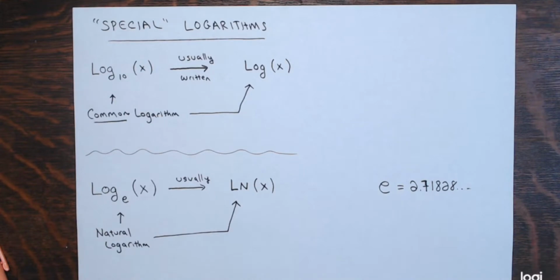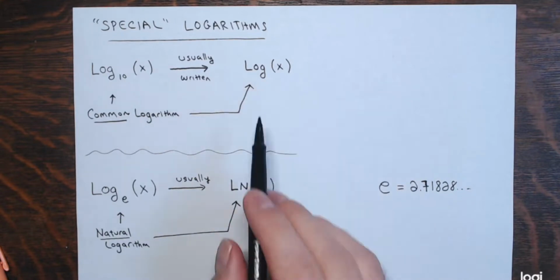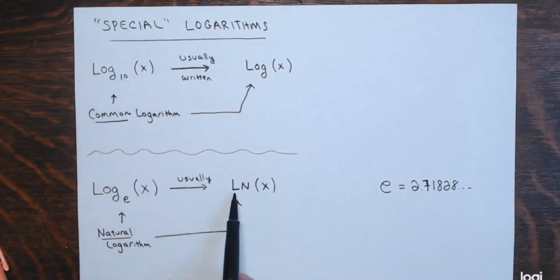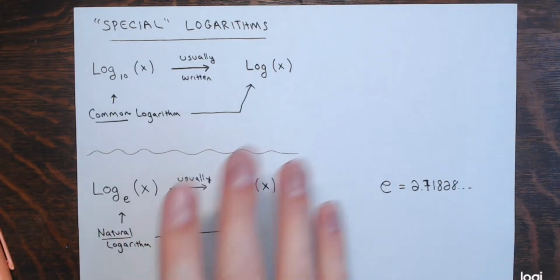So just please understand that you may see some special notation. If you don't see a base on a log, it's base 10. And if you see this ln of x or whatever, that's the natural logarithm, that's the log base e. So please, please, please understand that. I just wanted to point those out in case you came across them.